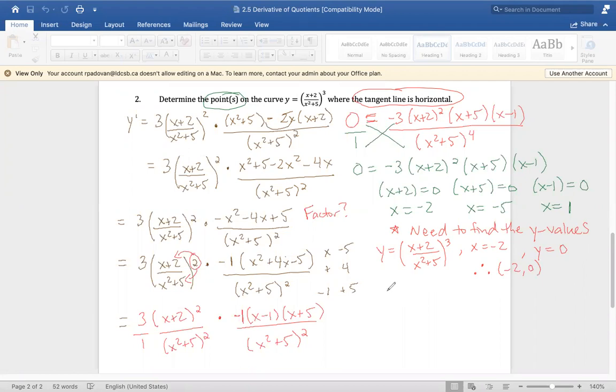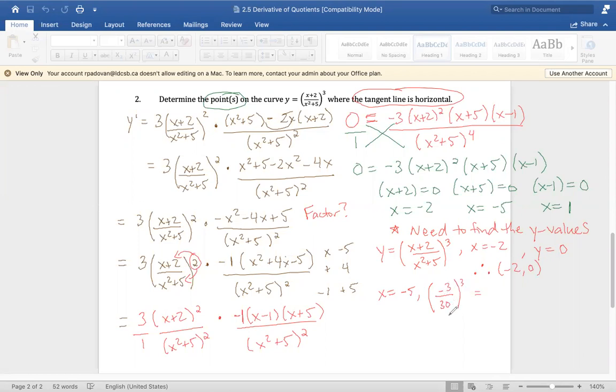So here's my original equation again. So I could write it out again. And now I want to evaluate where x is equal to -5 next, right? So then I would have -5 plus 2 would be -3, right, cubed. So my numerator would be -3. -5 squared first would be 25 plus 5 would be 30. And then I'd want to cube that.